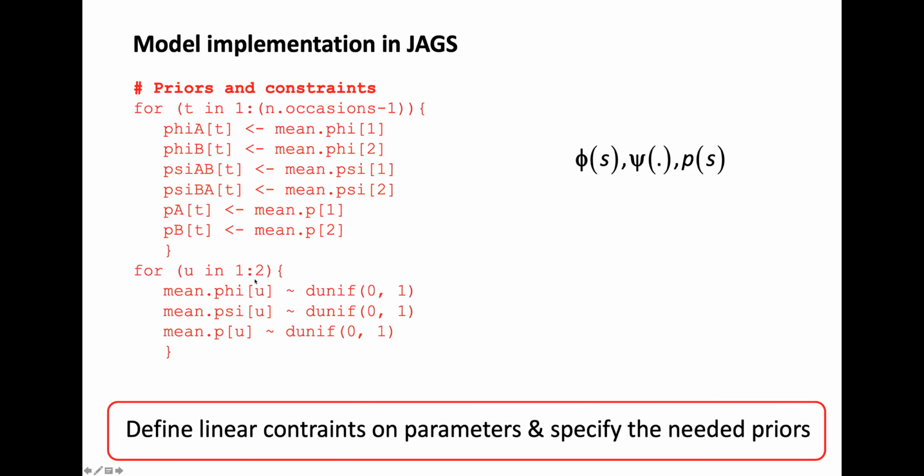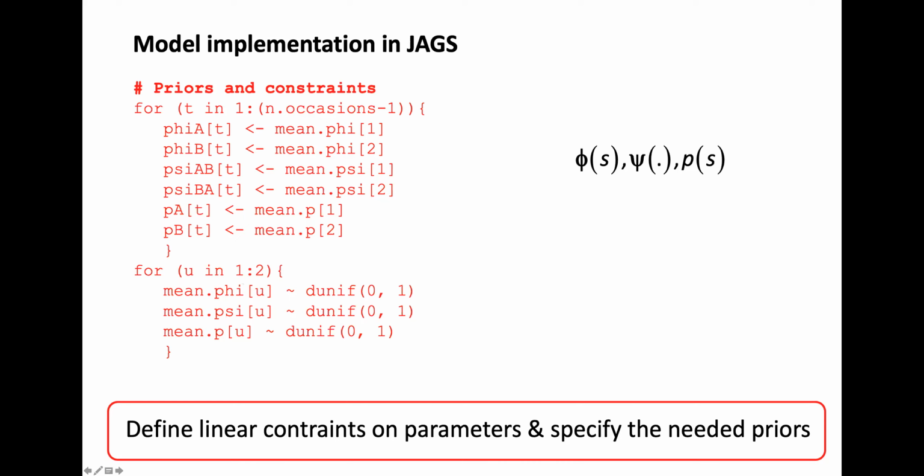So for the priors, we're going to use a loop from 1 to 2, and we say mean phi 1 and 2 have uniform distribution priors. Same thing for psi and same thing for p.